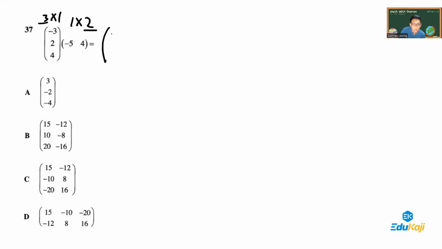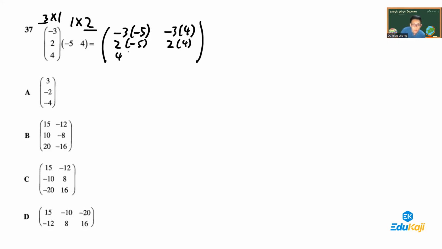So it's like this. First row, first column, -3 times -5. First row, second column, -3 times 4. Second row, first column, 2 times -5. Second row, second column, 2 times 4.